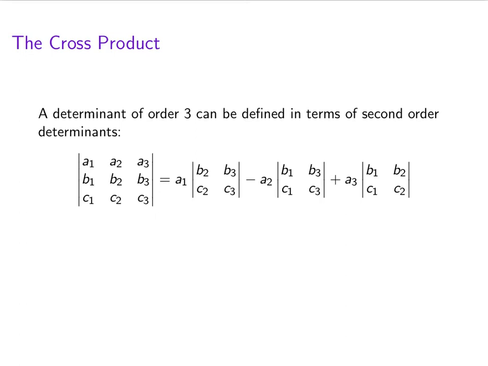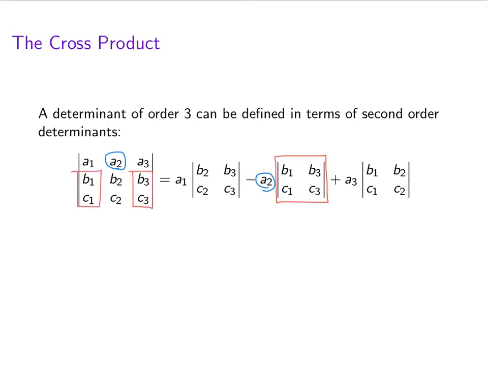Let's see, so where do these coefficients, A1, A2, and A3, come from? Those are just along the top row. Now, where does A1 come from? A1 comes from here, and in that case, where does B2, B3, C2, C3 come from? It comes from here. A2 comes from here, and B1, B3, C1, C3 comes from here.